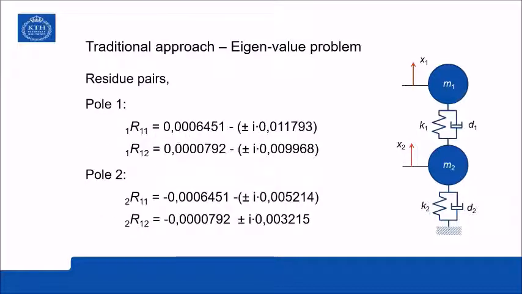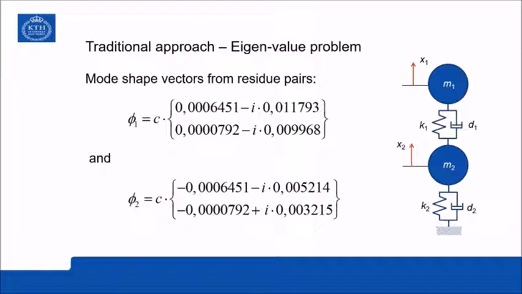If we go for the residue approach, we find the following pole pairs. For pole 1, we find 2 residues for the 2 different transfer functions, and as you can see, they are complex conjugates, as it should be. And for pole 2, we find this. So from the residues now, we can form 2 eigenvectors like this, corresponding to pole 1.